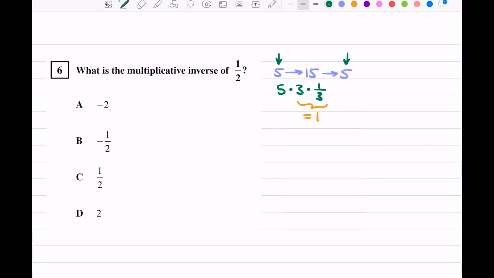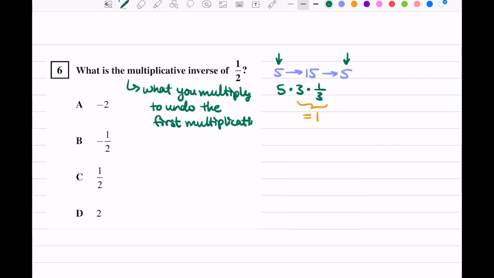So the multiplicative inverse is what you multiply to undo the first multiplication. So when we had 5 times 3, to undo that times 3, we had to multiply by 1/3.